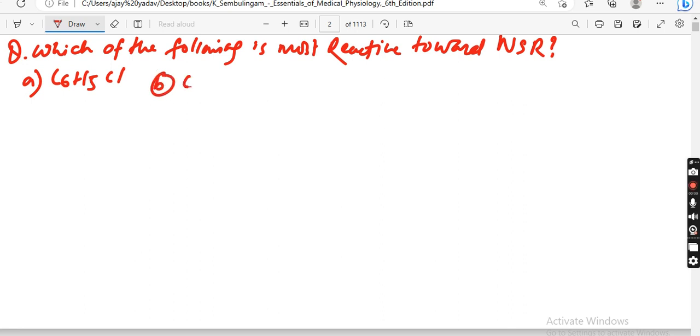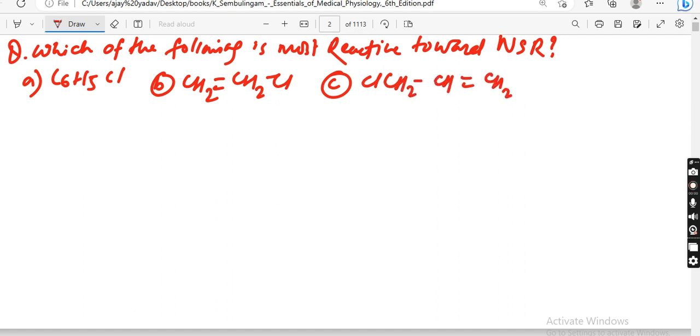Option B is CH2=CHCl. Option C is ClCH2CH=CH2, and option D is CH3CH=CHCl.